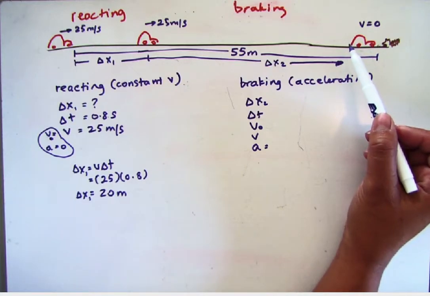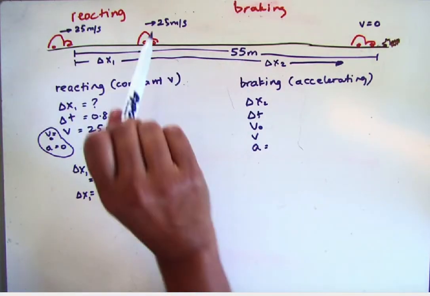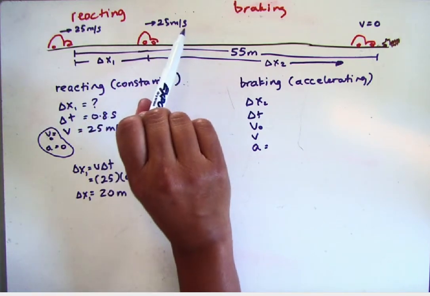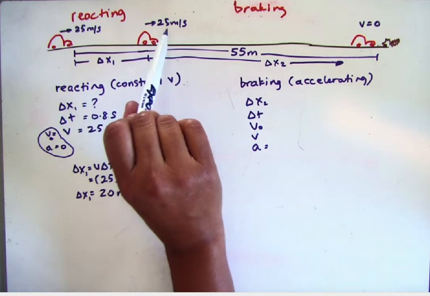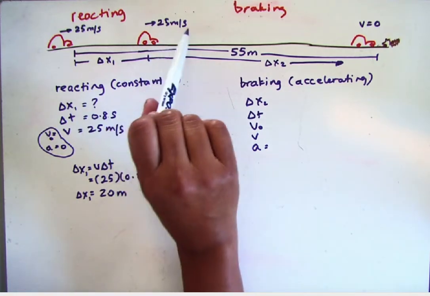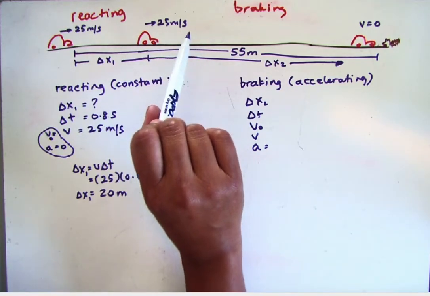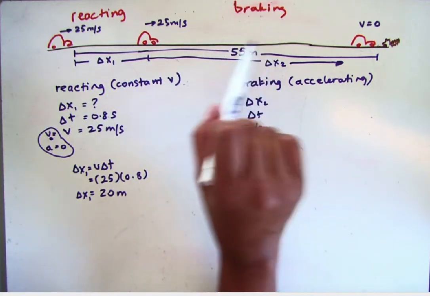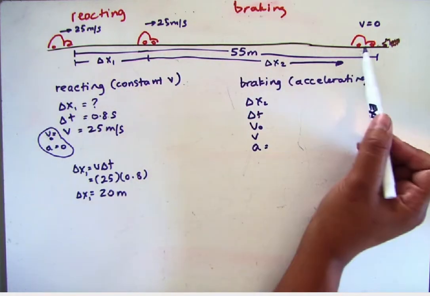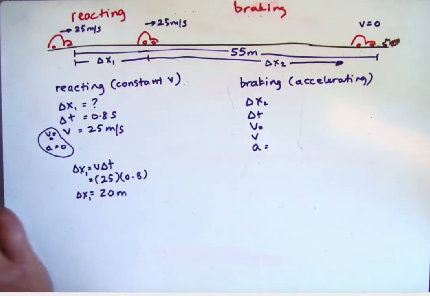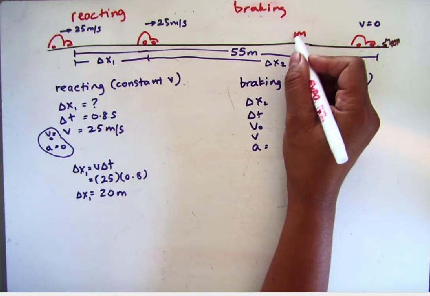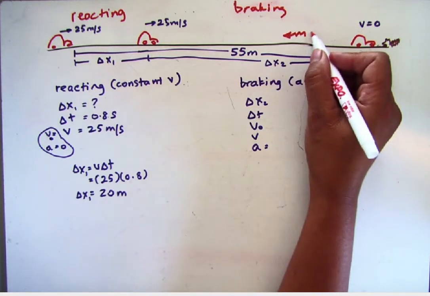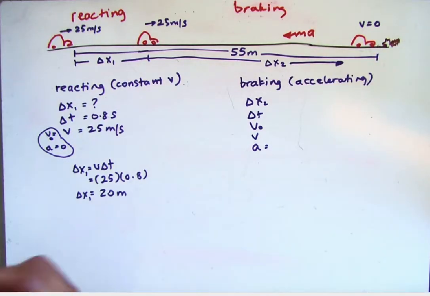So we're traveling in the forward direction. What that means is each second that goes by, the brakes are taking away 9.3 meters per second of speed each second. So each second I'm going 9.3 meters per second slower until finally I come to rest. So it's important to understand at this point that the acceleration is actually backwards because you're subtracting. It's going to be in the backwards direction.